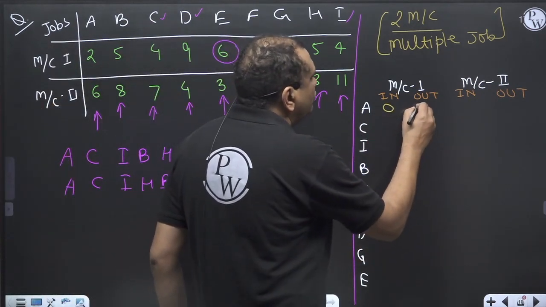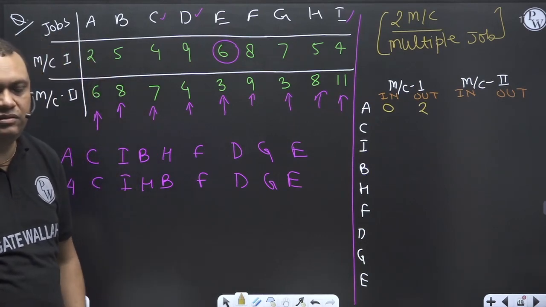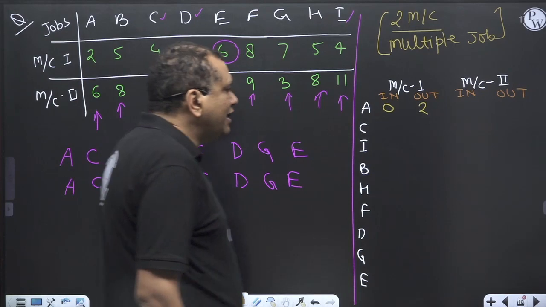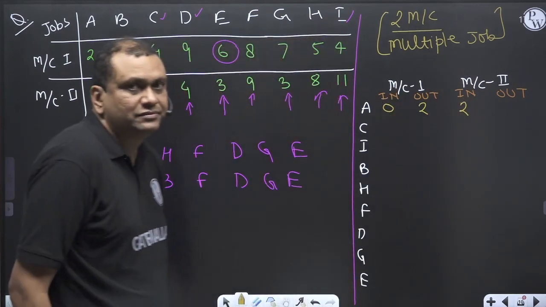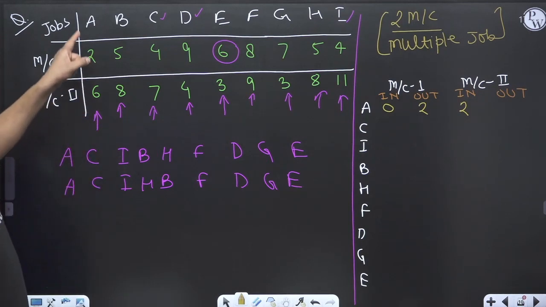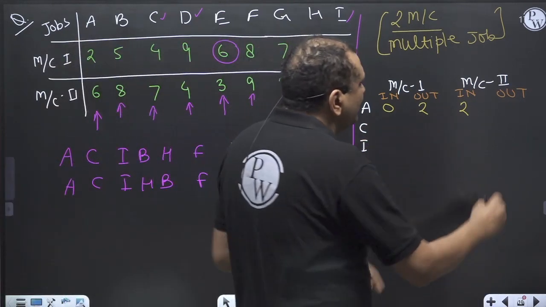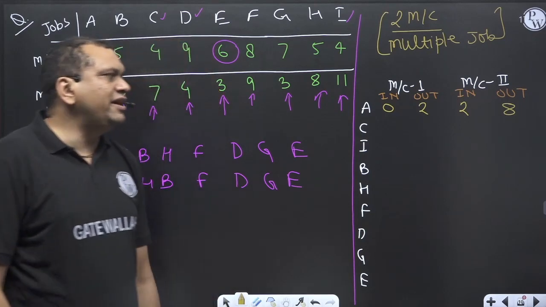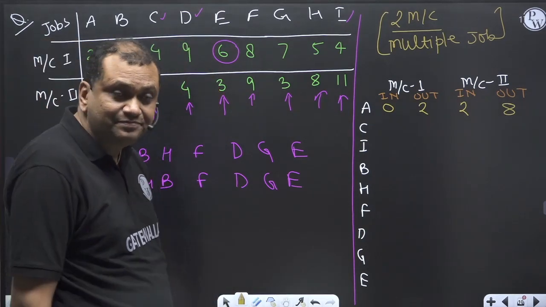So after 2 unit time, it will come out of machine 1 and get into machine 2. Job A consumes 6 unit time in machine 2. So 2 plus 6 is 8. After 8 unit time, job A will come out of machine 2. Correct?